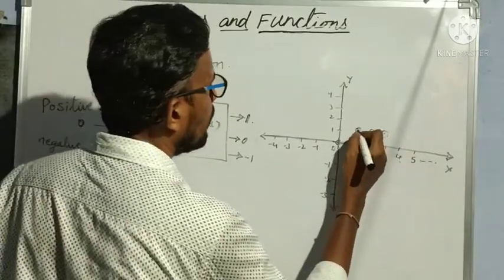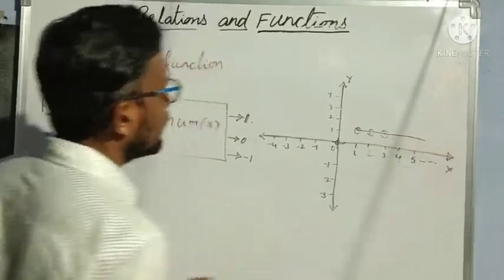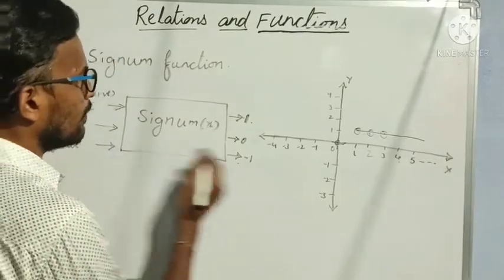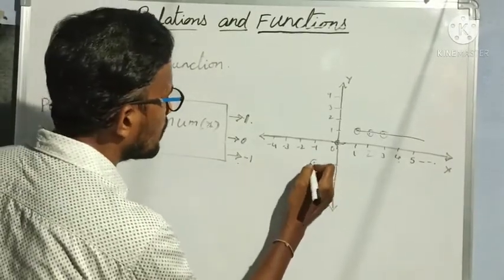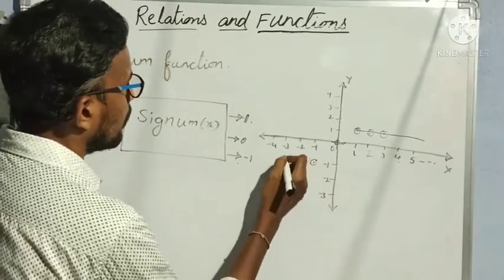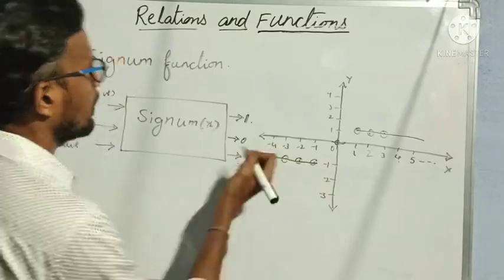So if we plot the graph it will be a straight line. In the same way, if my x value is minus 1, then y value is minus 1. If x is minus 2, then y is minus 1. So here my graph will be like this.